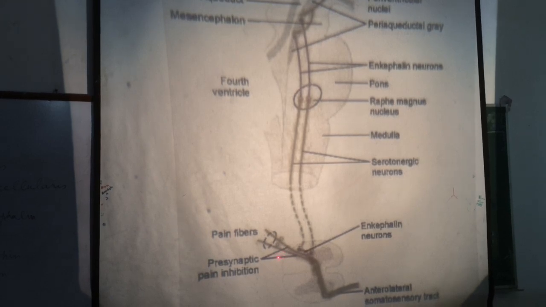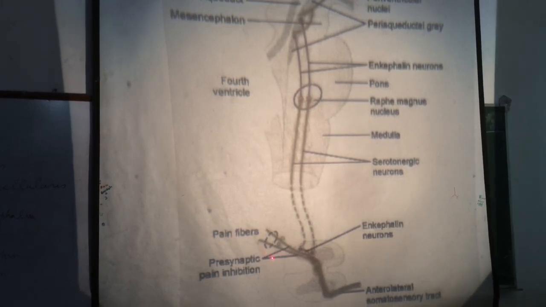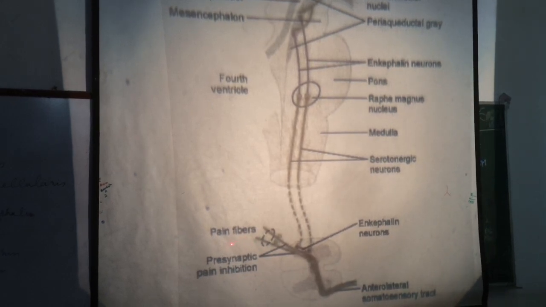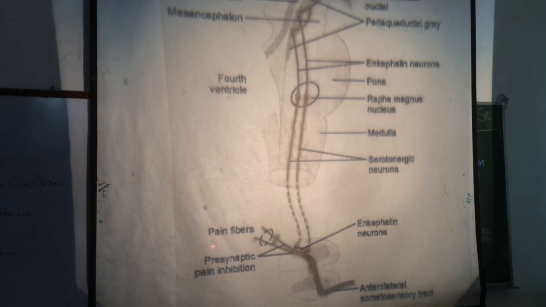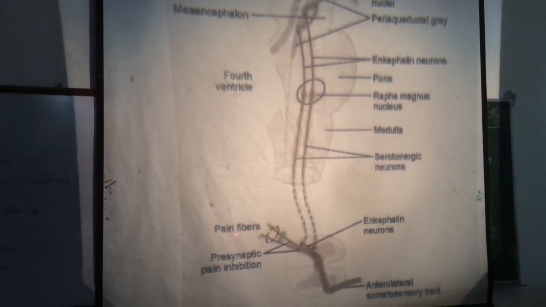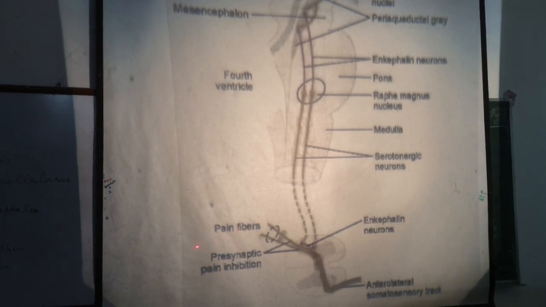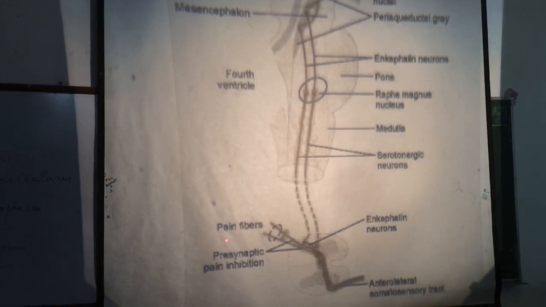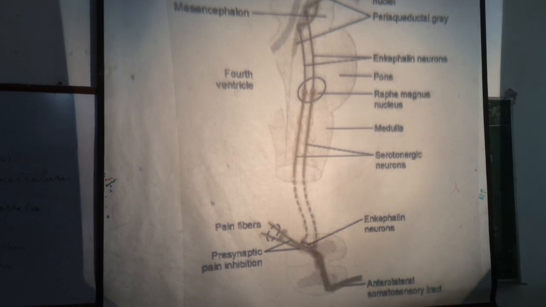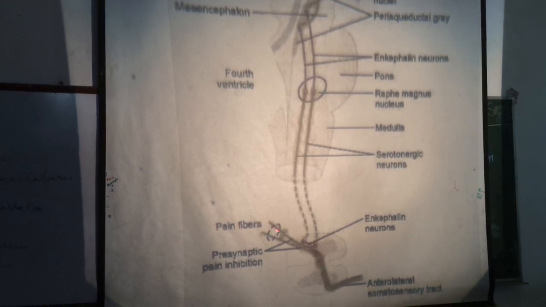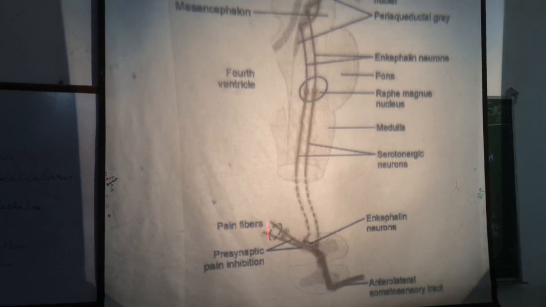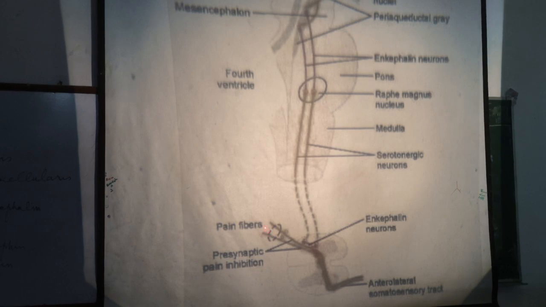In this complex, the neurons release enkephalin, and they synapse with the incoming pain fibers, A delta fibers and C fibers.